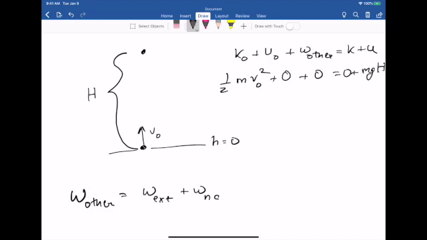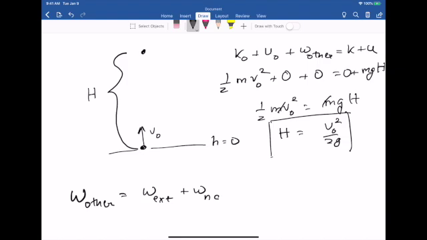And so we have our equation. Half m v0 squared is equal to mgH. The m's cancel out, and so you can immediately solve for H, and that will be v0 squared divided by 2g. And if you remember from chapter 2, that's exactly the answer that we get from kinematics.